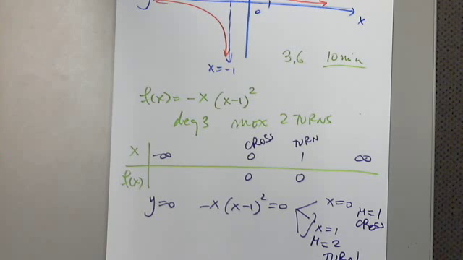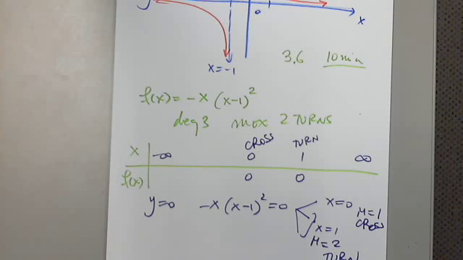Because it's degree 3, for the purpose of finding the end behavior, it will be compared to a linear function with a positive slope or a negative slope. Negative slope, because the leading coefficient is negative. So how do I graph a linear function with a negative slope?